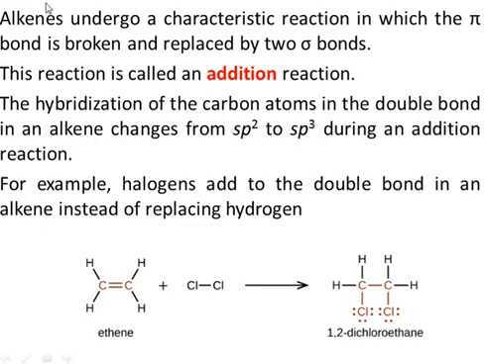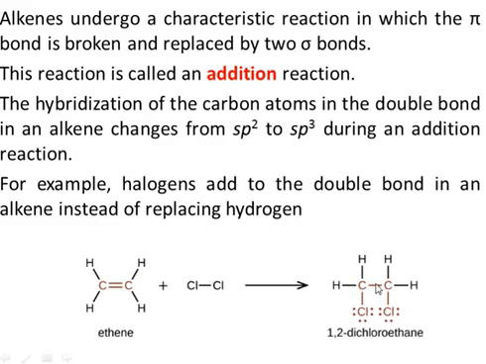The characteristic reaction which alkenes undergo is addition reaction. In addition reaction, the pi bond is broken and replaced by 2 sigma bonds, right? For example, here we have a double bond, so we add chlorine to it. When chlorine is added, one pi bond will be broken and we get 2 sigma bonds, with this carbon and chlorine.